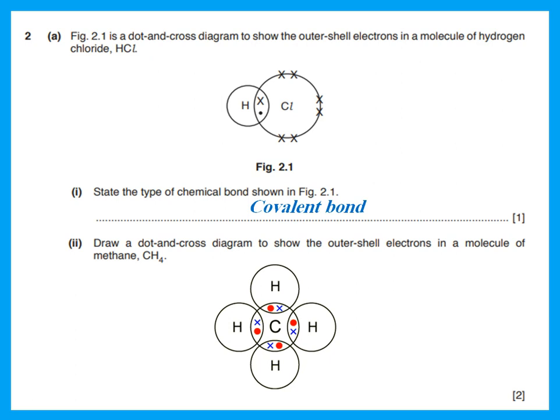Now, each hydrogen has 1 electron of its own. And remember, this electron is in the first energy level, it takes only 2 electrons, so the hydrogen has 1 and it needs 1. And this would be the dot and cross diagram for methane.